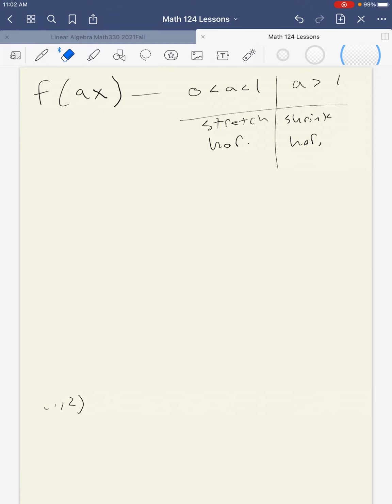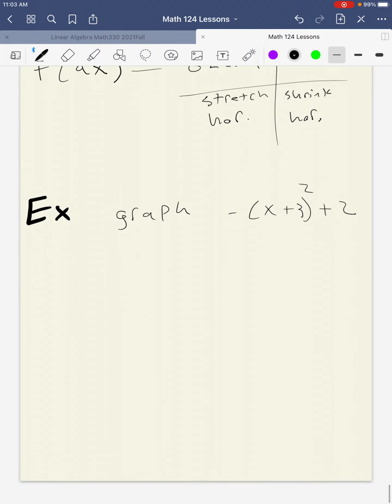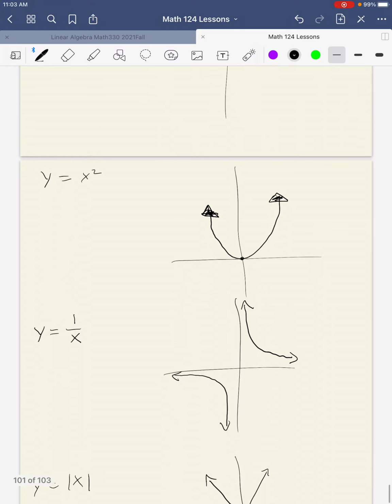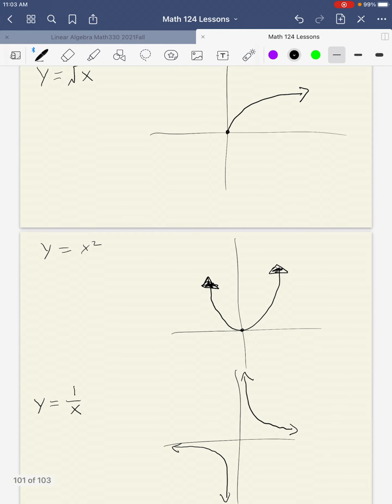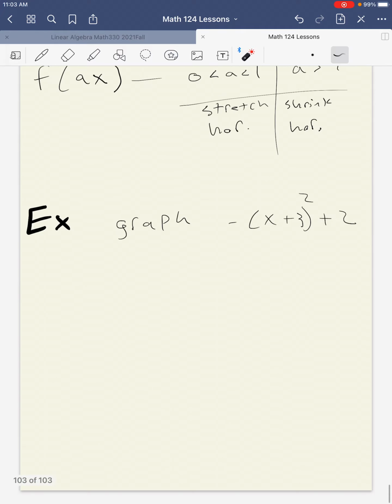Okay, let's just look at a few examples now. So say we want to graph negative (x plus 3) squared plus 2. So again, what we do is start with one of our basic graphs I gave at the beginning, just the basic graph that looks similar to the graph we are given.